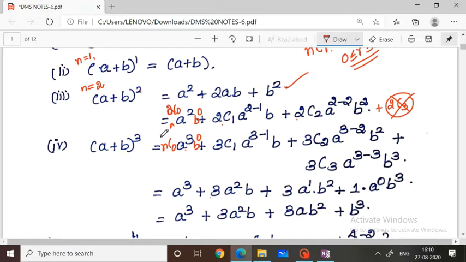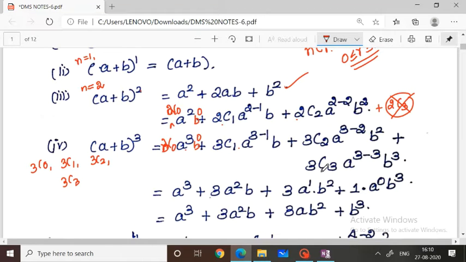In the next term, it is not n but 3C0, then 3C1. So the terms will be 3C0, 3C1, 3C2 and 3C3. 3C1 is a raised to 3 minus 1 into b, then 3C2 into a raised to 3 minus 2 into b square, and the last term 3C3.